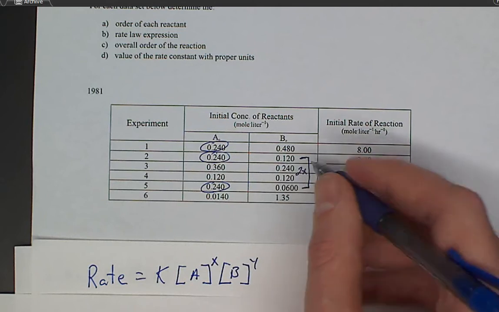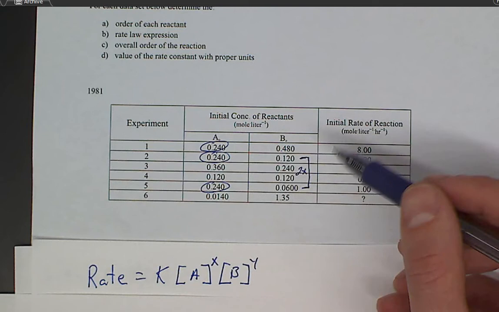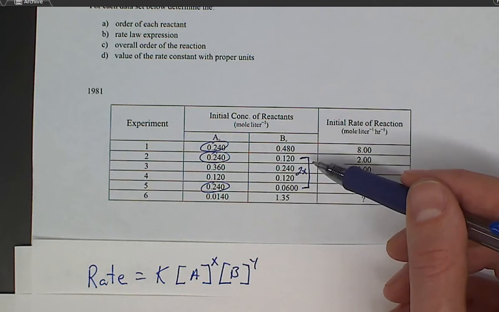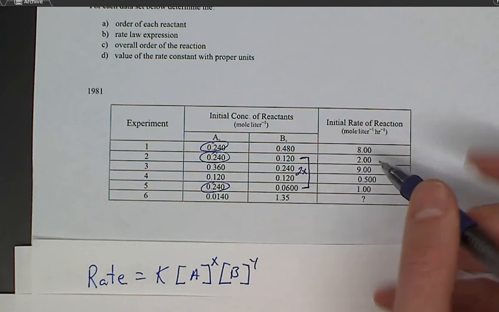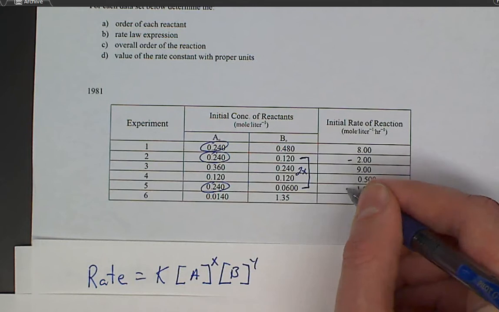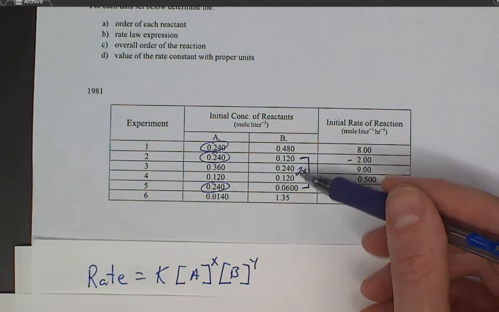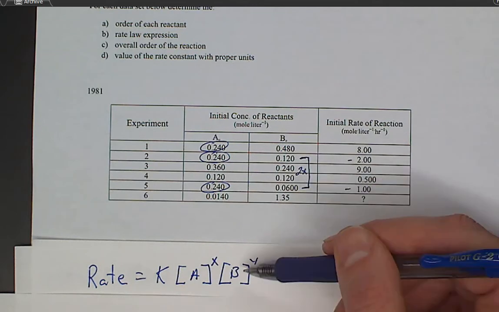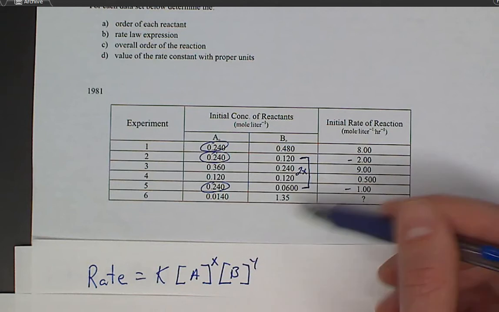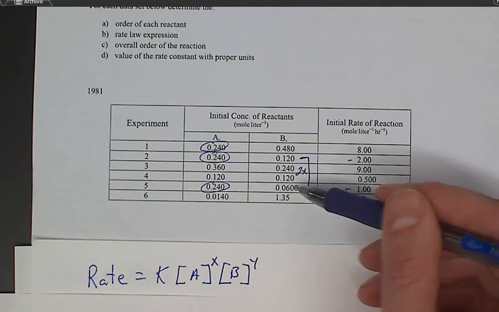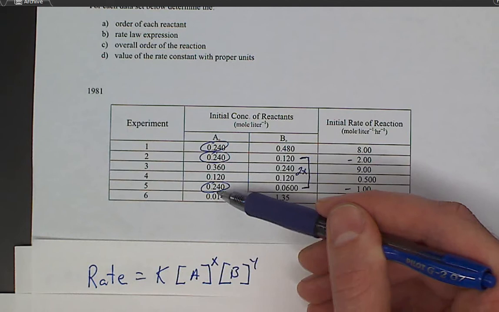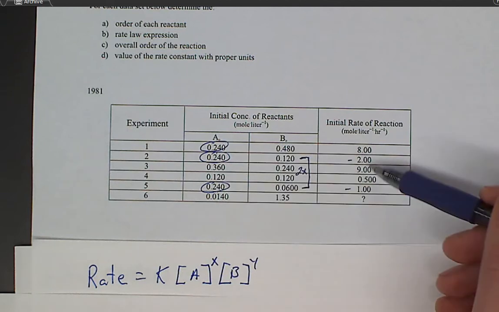So this is really used to determine the order for B, because if I have a change in rate, that is going to be attributed to the change in concentration of B. So I'm really creating whatever this order is based on this change. Because this is held constant, the concentration of A shouldn't change the initial rate of this reaction.